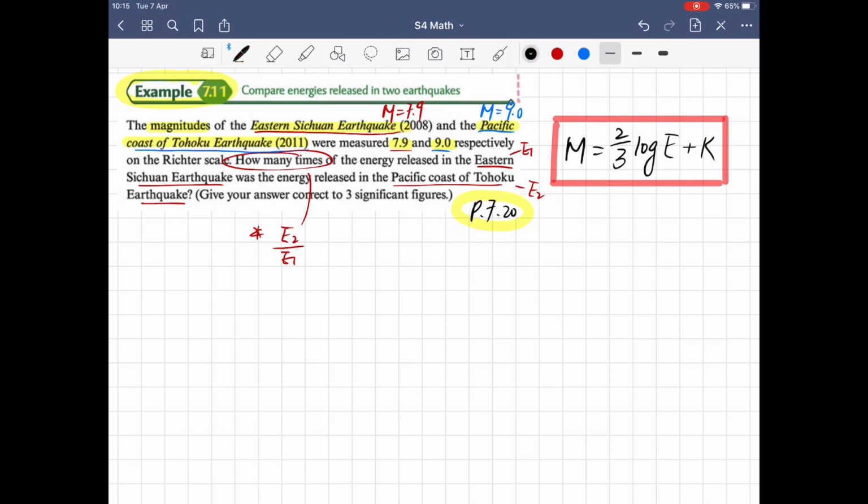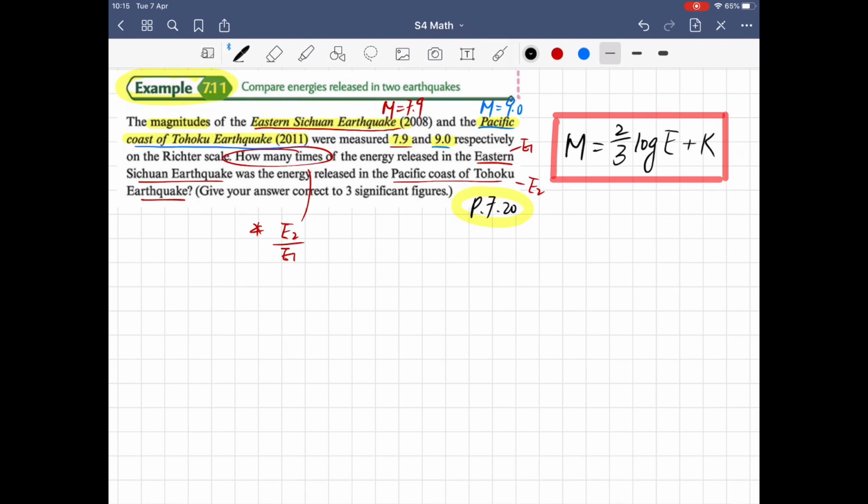Okay, so in this question, we will start with E1 and E2.